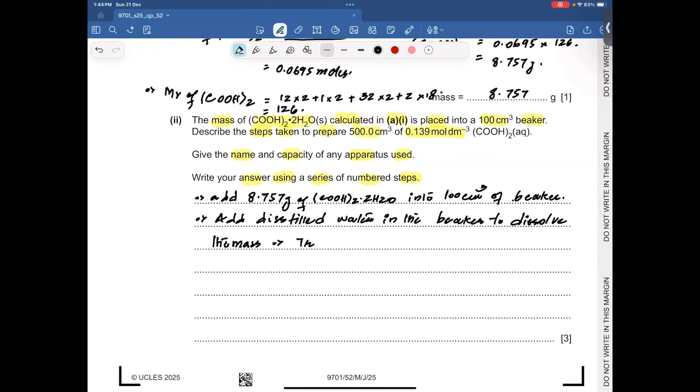Transfer this solution into a 500 cm cube of volumetric flask.